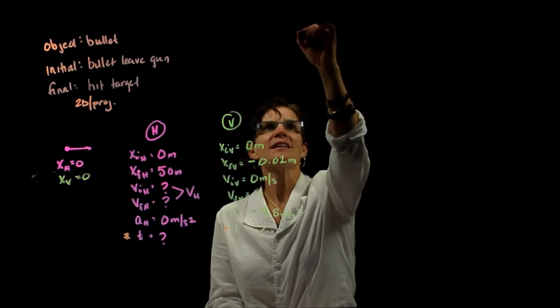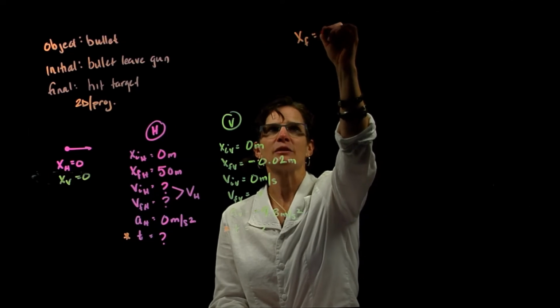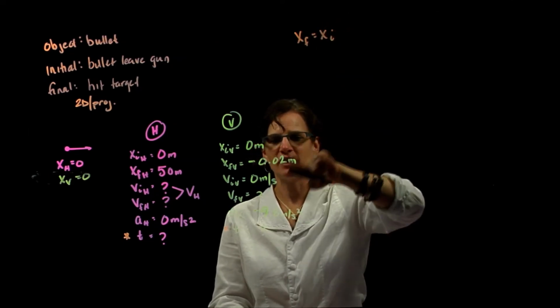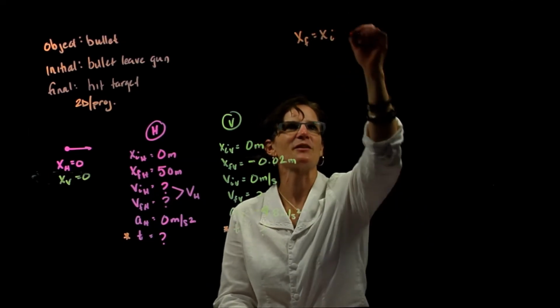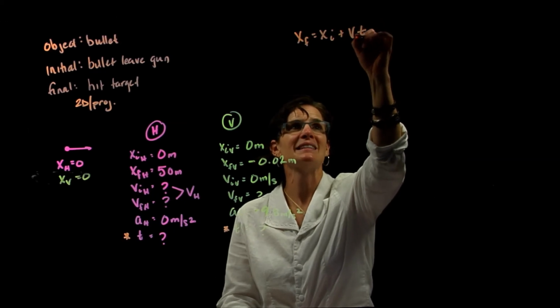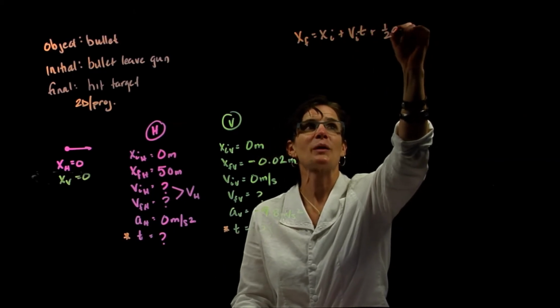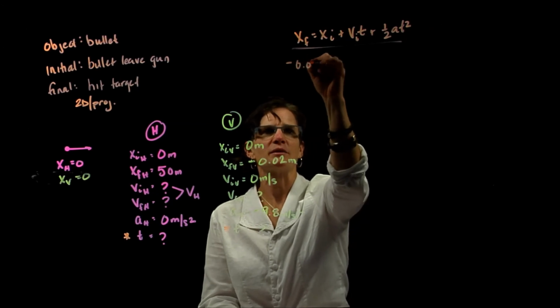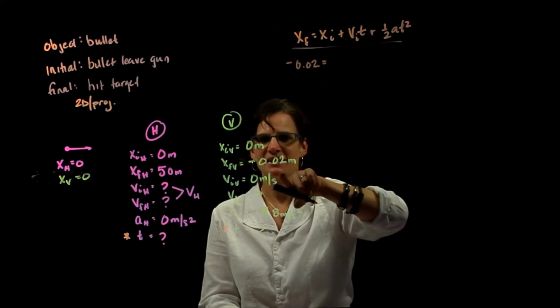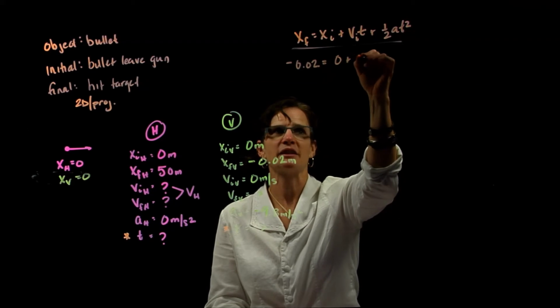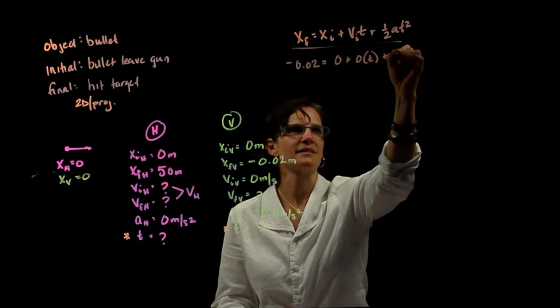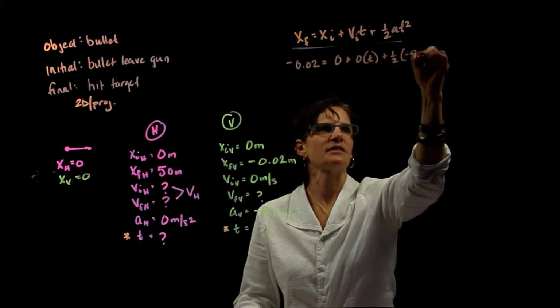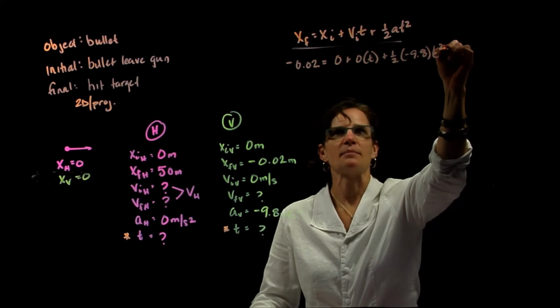So our position relationship, which has initial and final position, initial velocity, and acceleration, is only missing time, which is what I want. So y final negative 0.02 is equal to y initial 0 plus v initial 0 times time, plus 1/2 negative 9.8 times time squared.